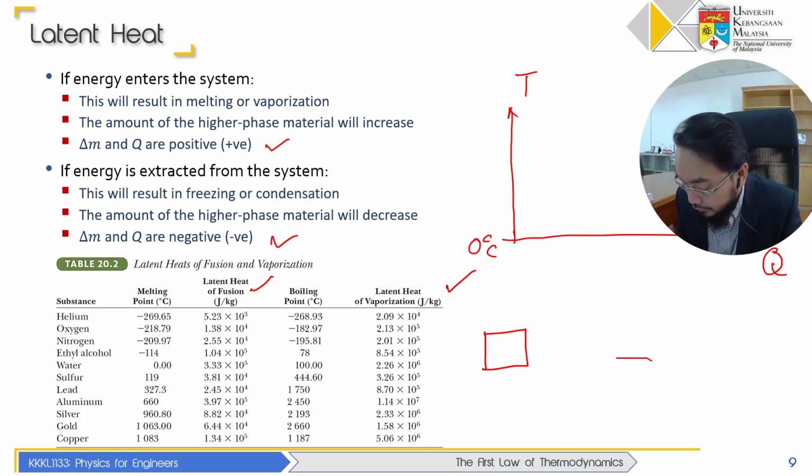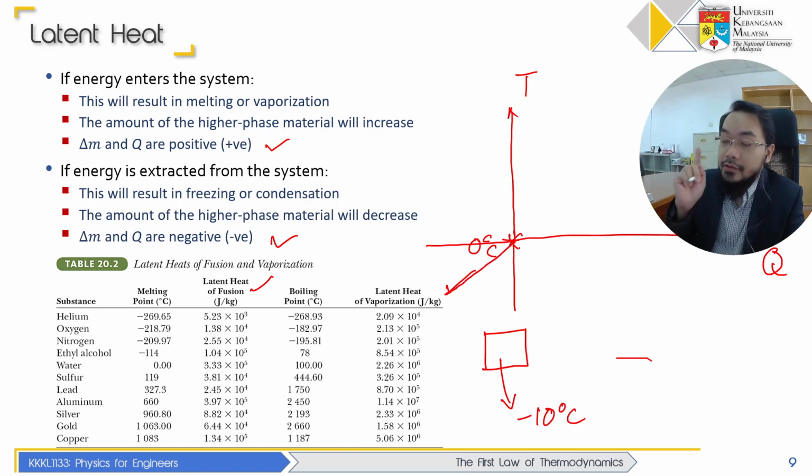Let's say initially the ice has a temperature of minus 10 degrees Celsius, for example. As you supply Q, the temperature will start to increase until it reaches 0 degrees Celsius.